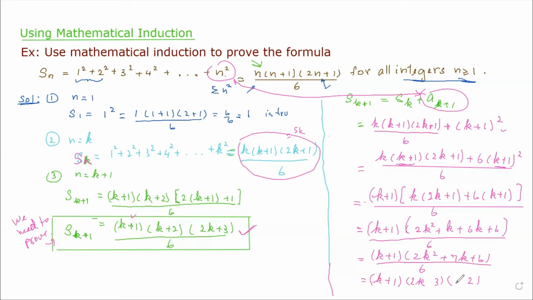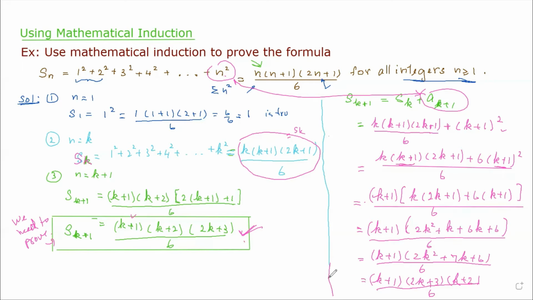So then this one 2k, and another k here. So this 4k, 3k becomes 7k, so this is a plus. Then over 6. So you see, is this the same or not? See the one we need to prove, we have k plus 1 here and 2k plus 3, yes, and k plus 2 over 6, yes. This one is the same, everyone. So we got this one, right?